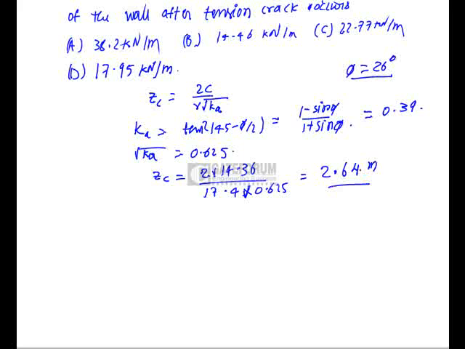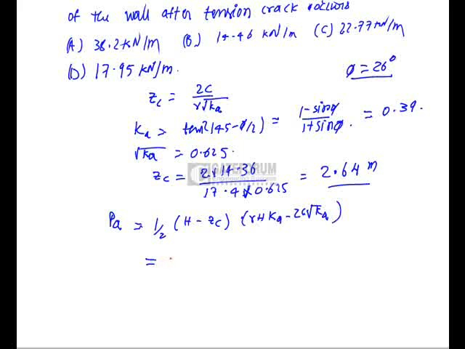Now the Rankine active force per unit length. We have to calculate the Rankine active force, that is half times (H minus depth of tension crack) into (gamma H Ka minus 2C root Ka).